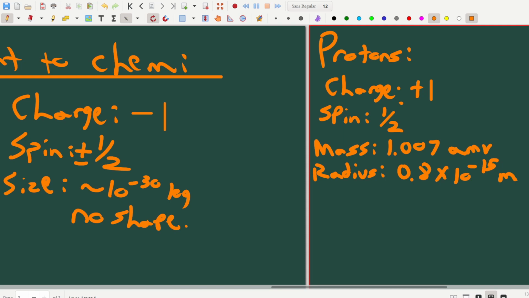Let me just draw that for comparison, to give you a sense of what that looks like. So here's my nucleus, here's my proton. Actually, let me do it like this. Here's my electron, and it's at a distance of, let's say, about 0.5 angstroms. That's 0.5 times 10 to the minus 10 meters.